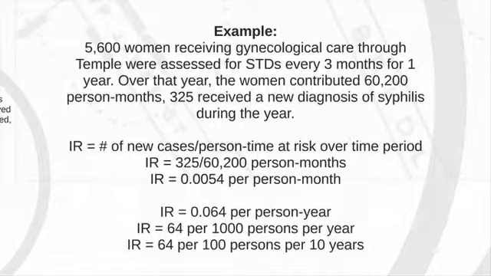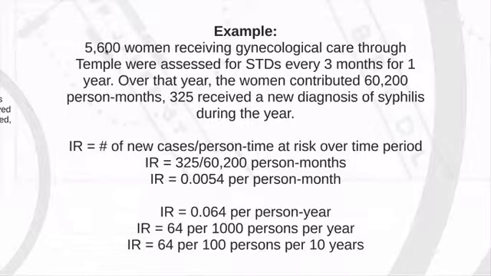When we were calculating cumulative incidence, all we needed to know was the number of women in our population that we were following over time, and the number of incident cases over that 1 year. Here, because we're calculating person time and we want to be more specific about how much at-risk time each woman contributed, we're going to assess the women for STDs every 3 months for 1 year.